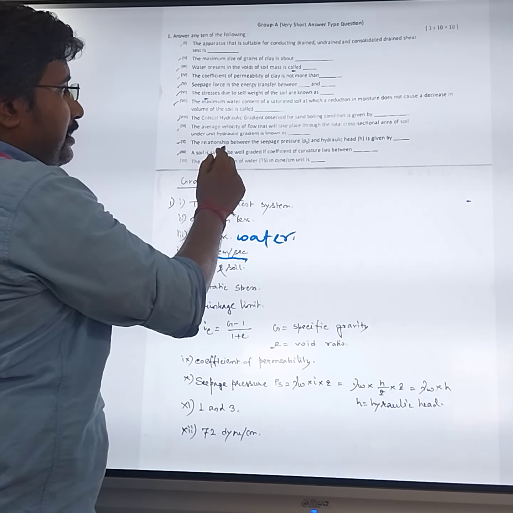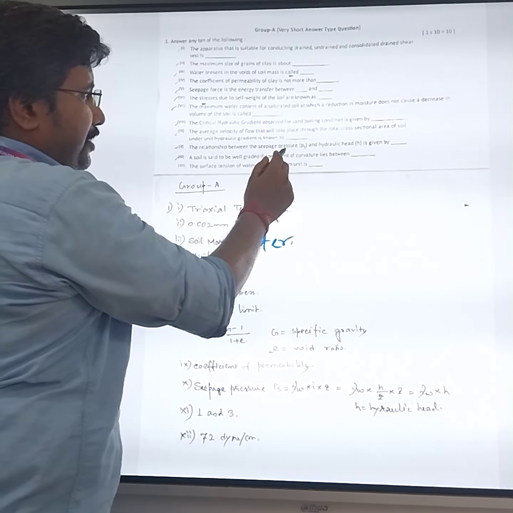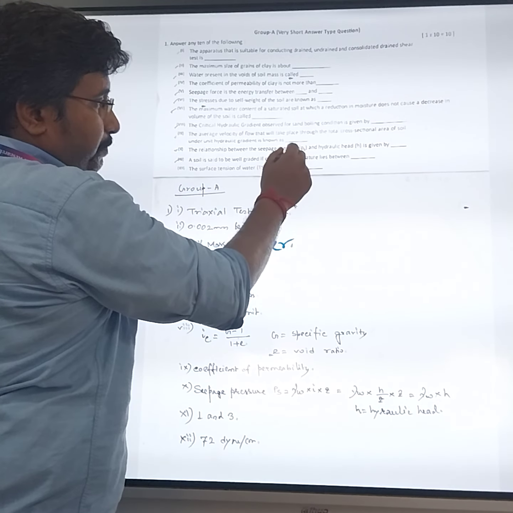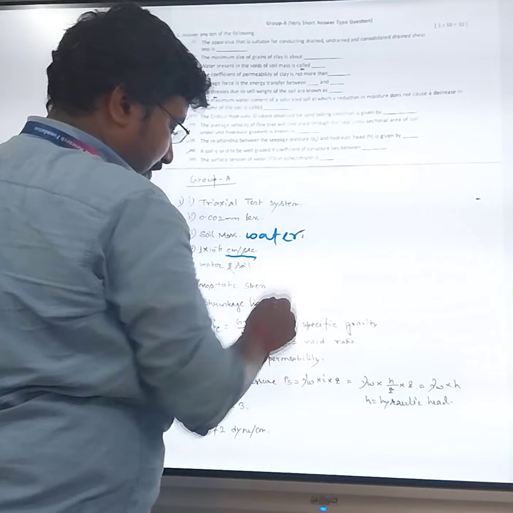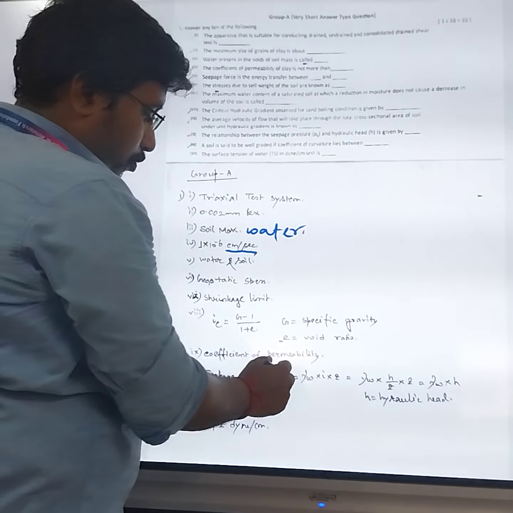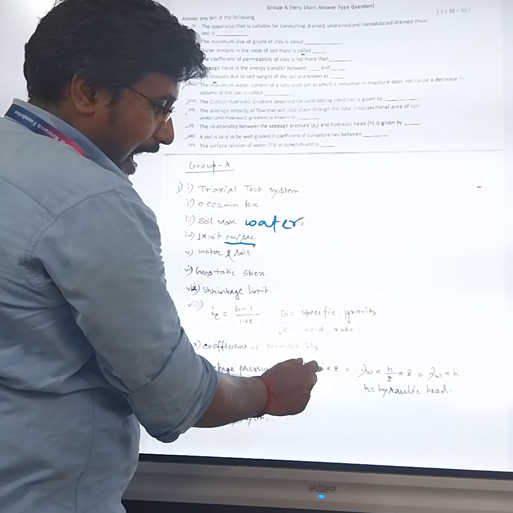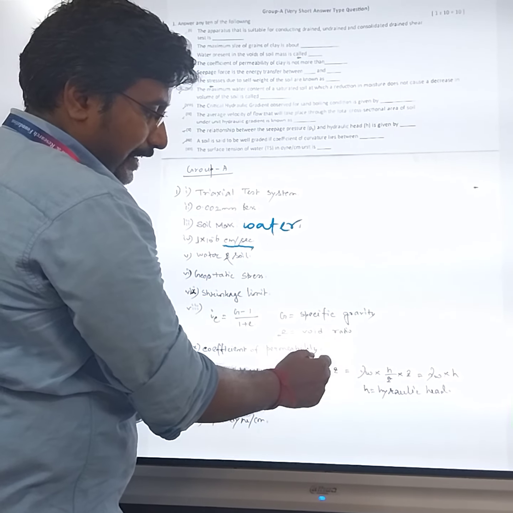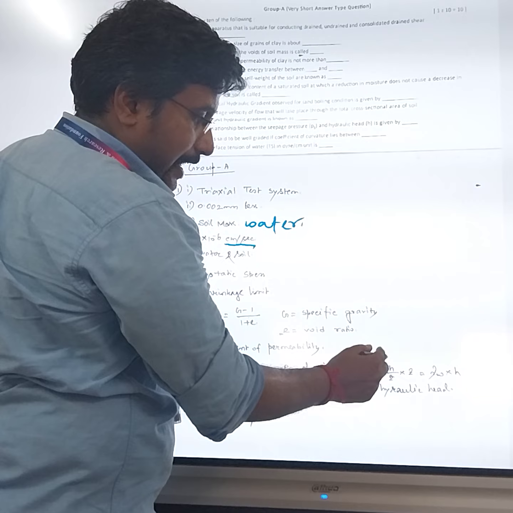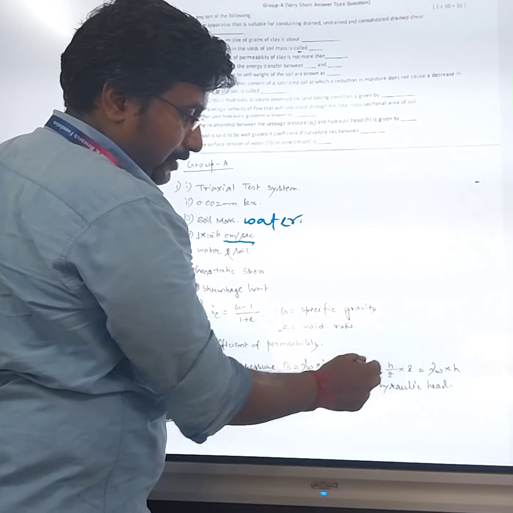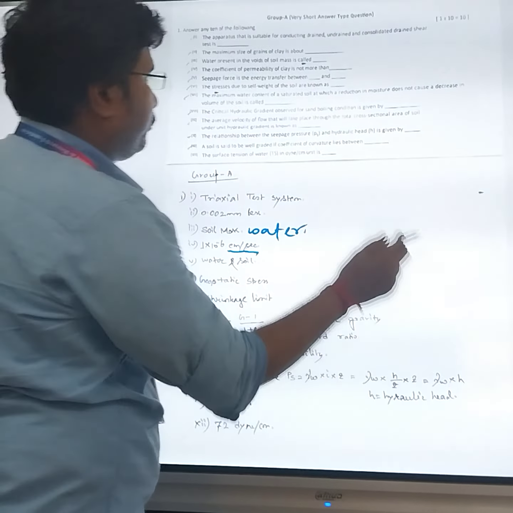Next question: the relationship between seepage pressure, denoted by PS, and hydraulic head, denoted by H, is given by PS equals gamma W into i into Z. Z is the depth of the soil and i will be H by Z, where i is the hydraulic gradient.